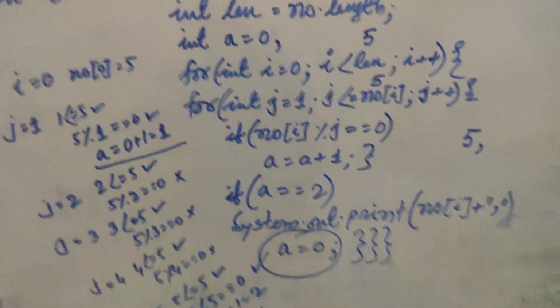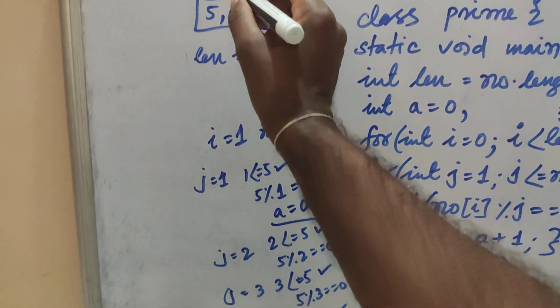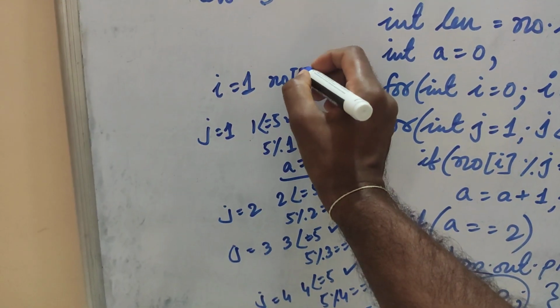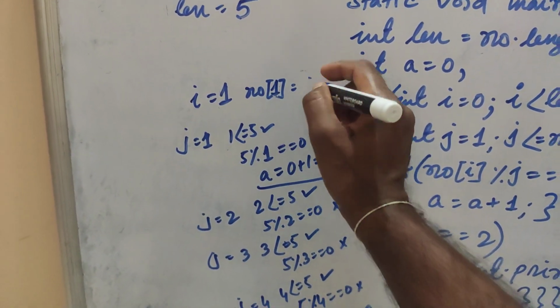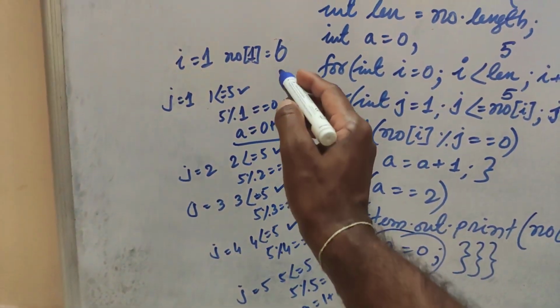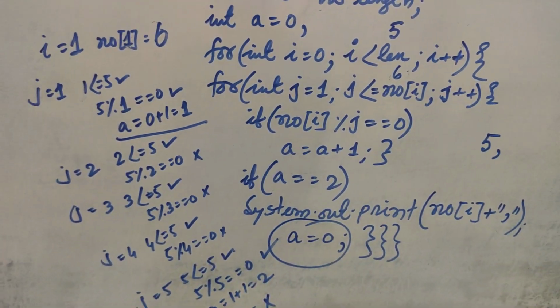Clear? Now the next value of i will be 1. When i is 1, 6 will come. Clear? Now how many times will this loop run? 6 times.